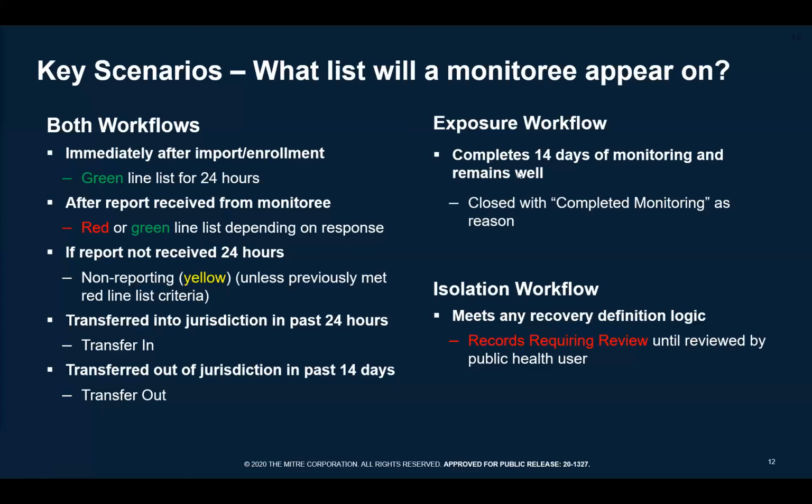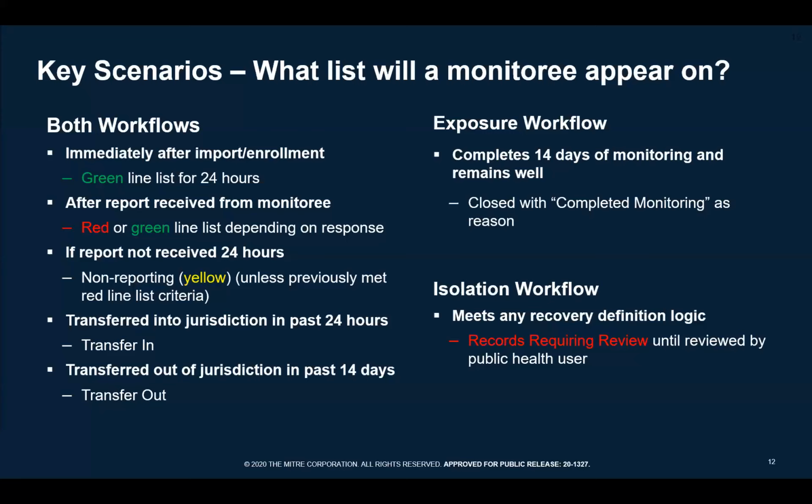Now, for someone who completes 14 days of monitoring, so we're talking about the exposure workflow, if after 14 days from their last date of exposure they remain well, so that means they would finish their monitoring period on the asymptomatic line list, right? Because they didn't report symptoms, at least on that last day of monitoring.